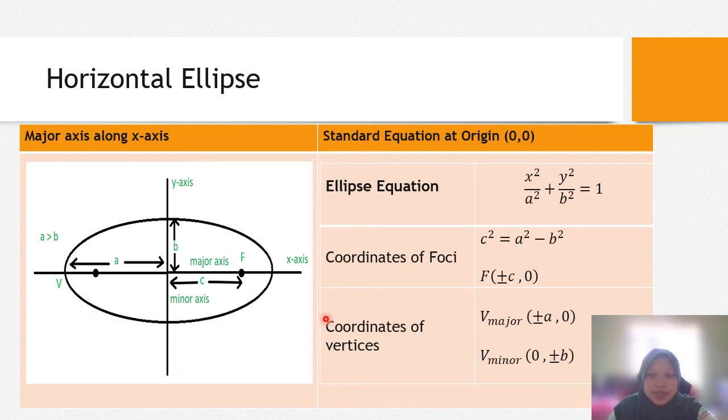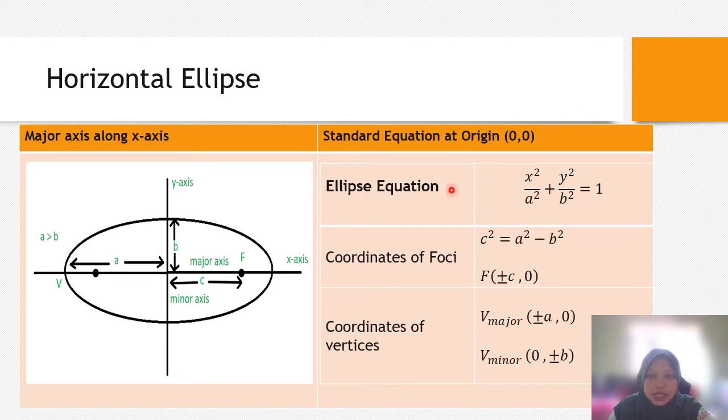For an ellipse with center at the origin (0, 0), the standard equation will be x squared over a squared plus y squared over b squared, and it equals 1, which is the constant.